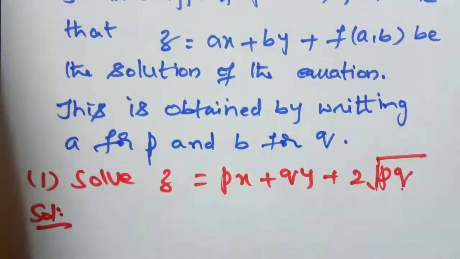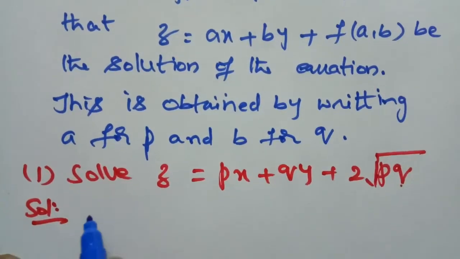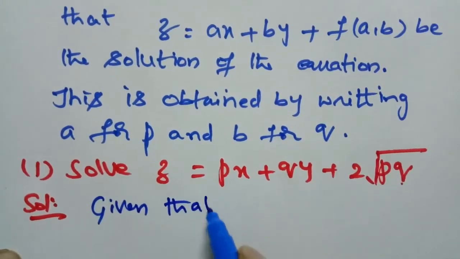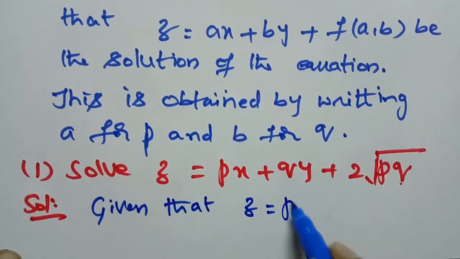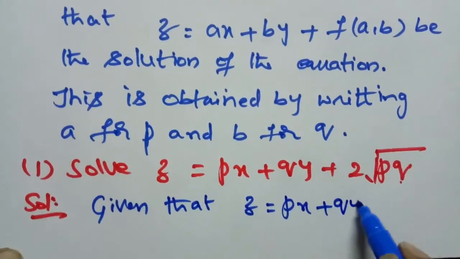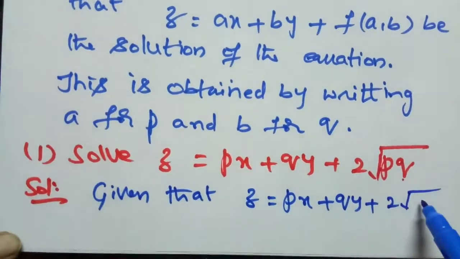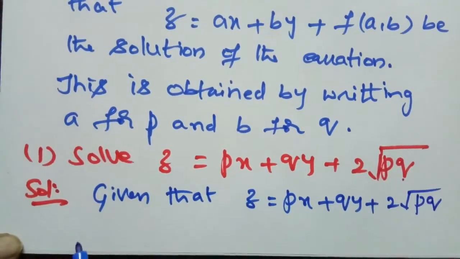First write down the given equation. Given that z is equal to px plus qy plus 2 into square root of pq.